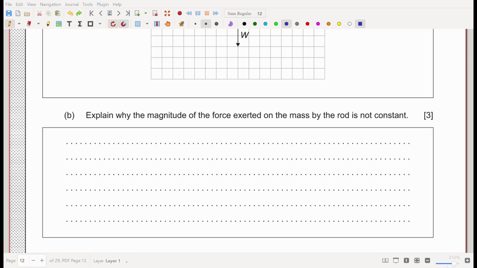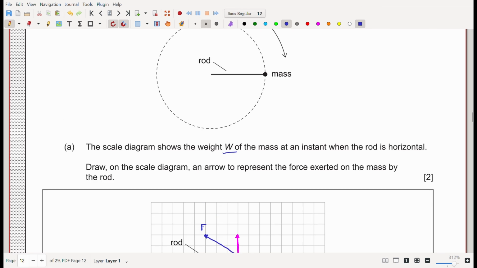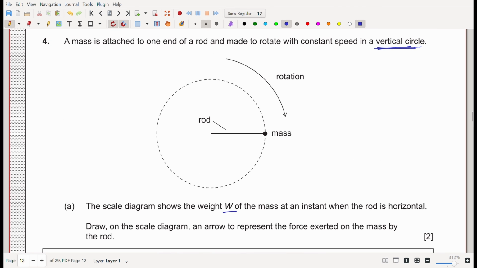Explain why the magnitude of force exerted on the mass by the rod is not constant. So I'm going to draw it out first, and then I will show you how to write it.